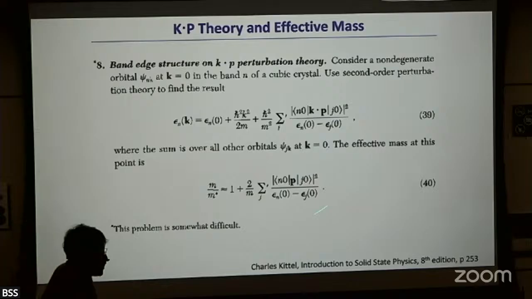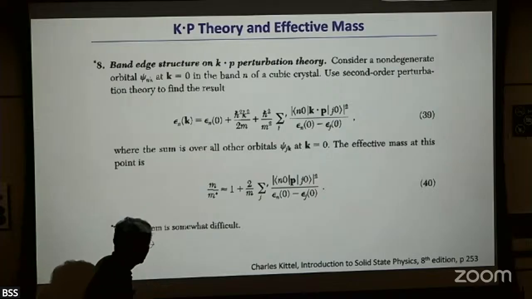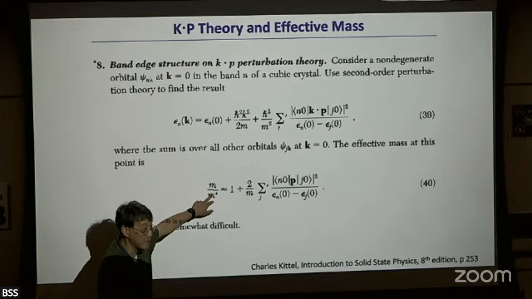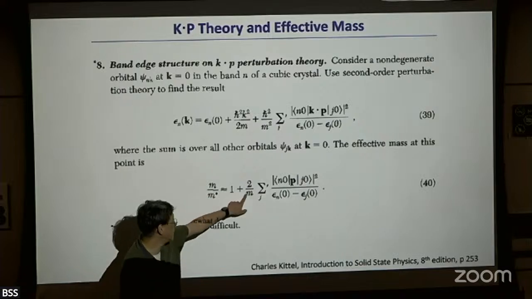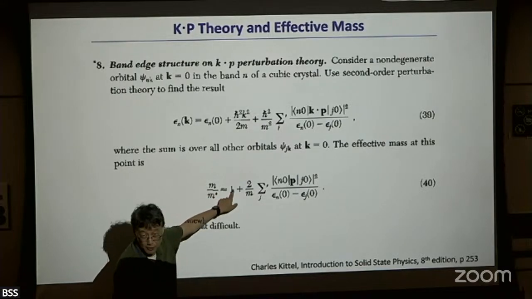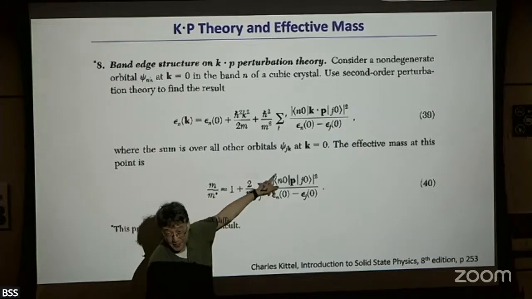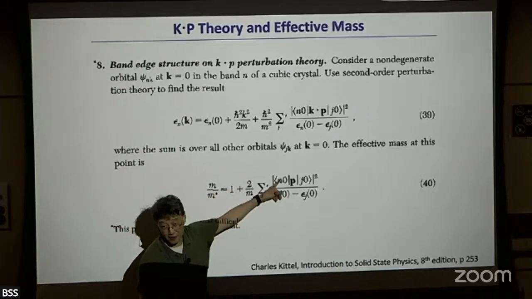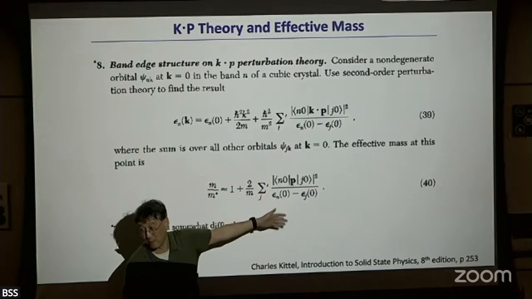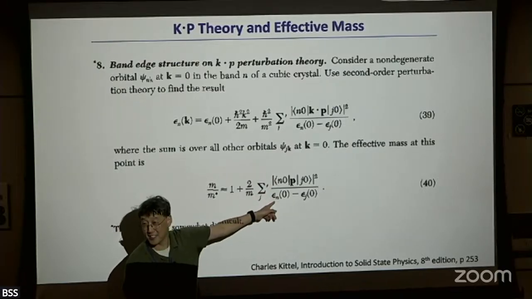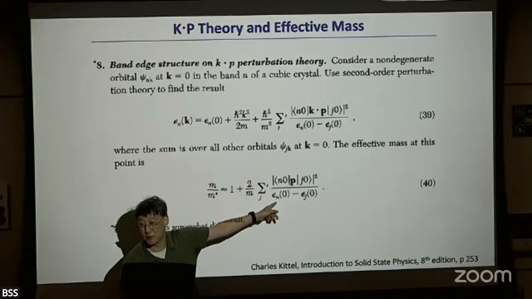Well, the answer is here, right? The effective mass m star differs from m, differs from 1 by this term. That's how the effective mass becomes smaller or larger. But what does this term tell you? Where does it come from?